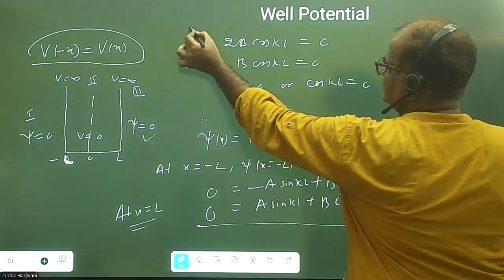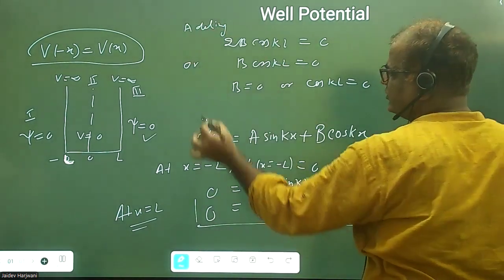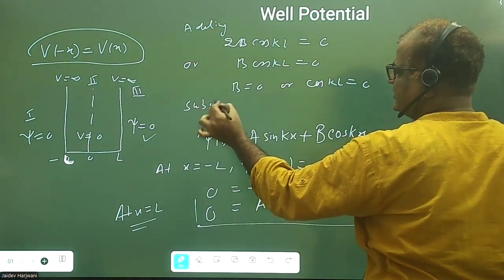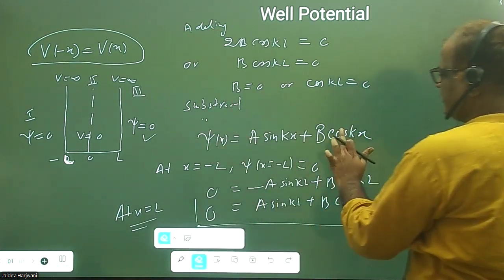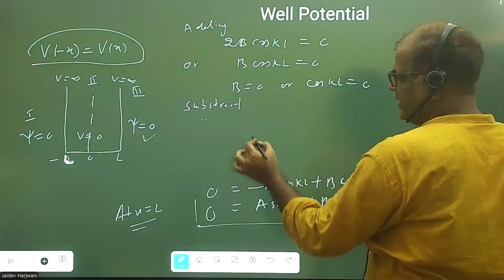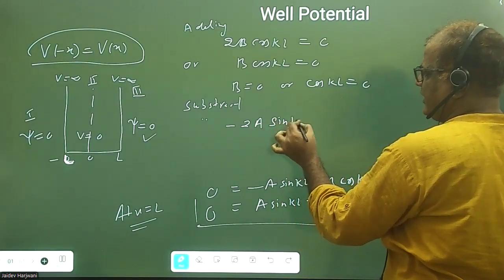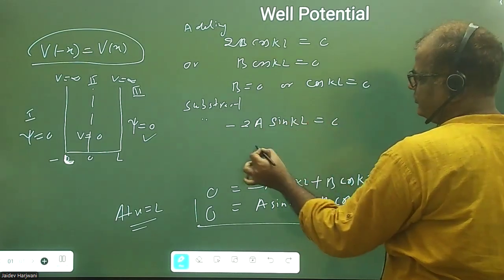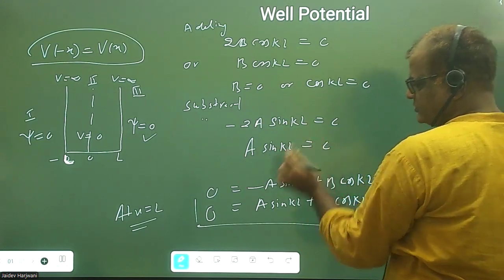Okay, so this we got by adding. Now if you subtract these two equations, what will this give me? This will give me minus 2a sine KL equals 0, or you say a sine KL equals 0.